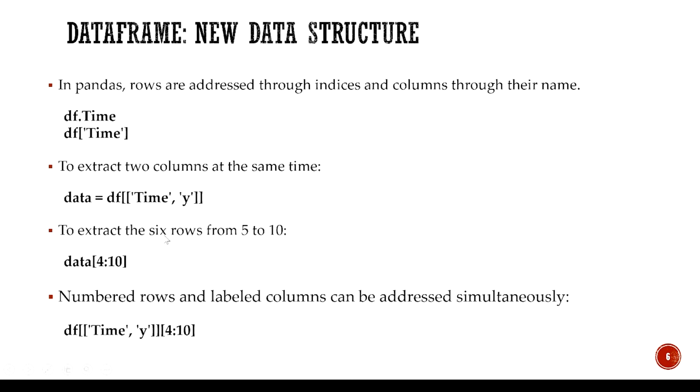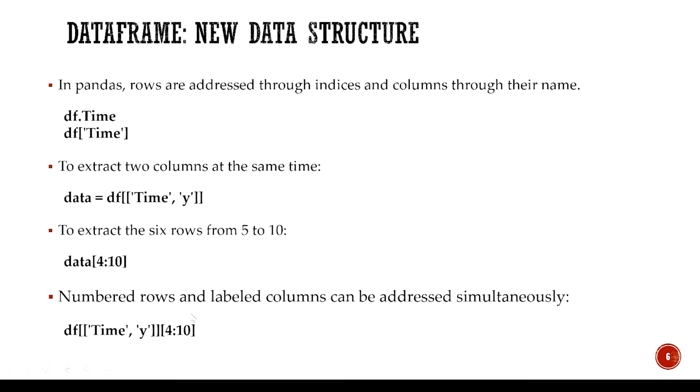If you want to extract 6 rows starting from 5 to 10, then you call the variable data with rows 4 to 10. Remember, the first row is assigned 0. So if you want to see rows starting from 5, then you look at 4 through 10, because the first row is automatically assigned 0.